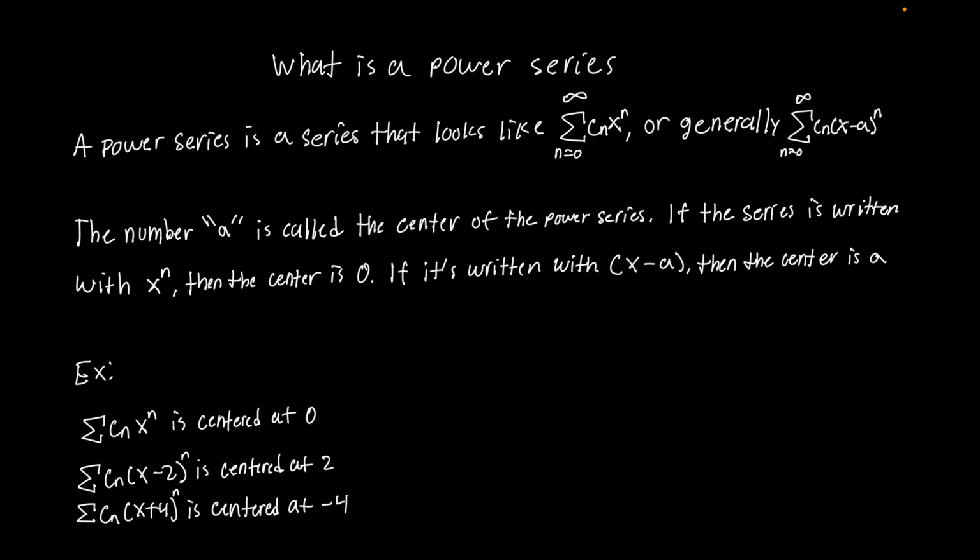And lastly, x plus 4 to the n is centered at negative 4. So remember that it's x minus a, so the sign matters. It's hard because if it's a minus sign you'll think the center is at minus 2, but whenever there's a minus sign, the center is positive. And whenever you see a plus, it's the opposite.